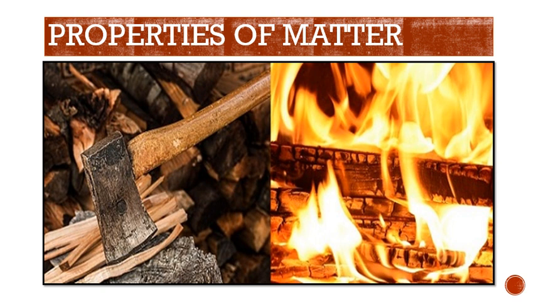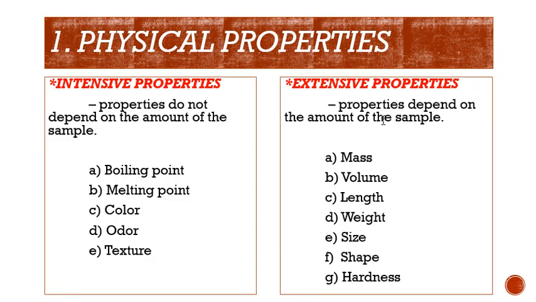Now, let's proceed with extensive properties. Kaning extensive properties, by the time nga ma-change na iyahang amount sa sample, ang extensive properties mo follow pod or ma-change pod siya. So we have mass, volume, length, weight, size, shape, and we have hardness.